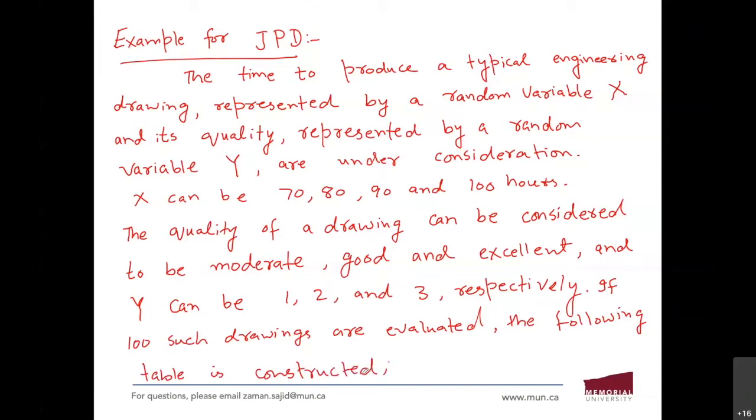So in the next slide, I'm going to write down the joint probability table for this problem. Oops, I need to go to the next slide. So I'm going to wait for 5 seconds now.